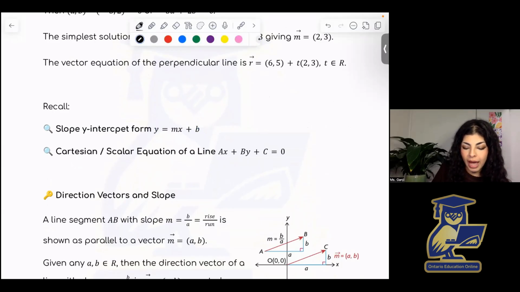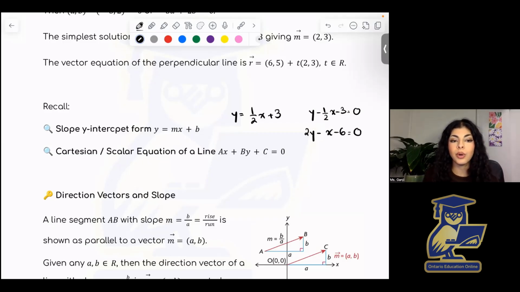For example, if you had y equals half of x plus 3, you move everything over to get y minus half of x minus 3 equals 0, and multiply through by 2 to get integer coefficients. Then we have 2y minus x minus 6 equals 0. That is your Cartesian equation of a line, where a is 2, b is negative 1, and c is negative 6.